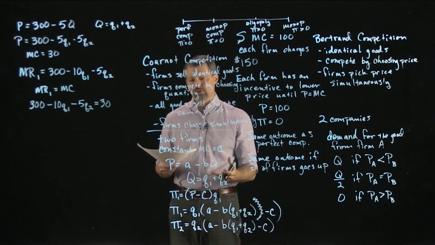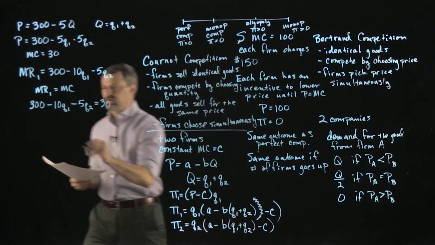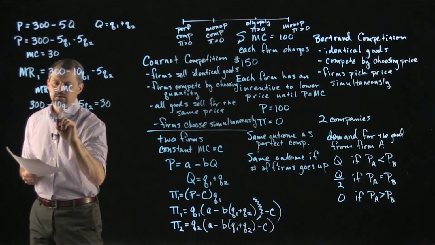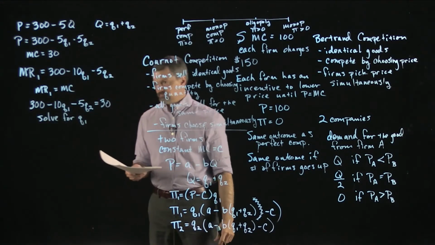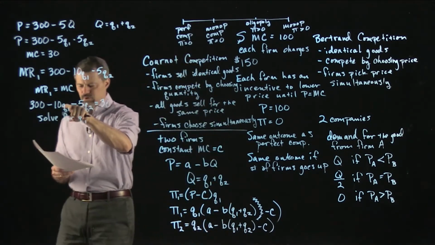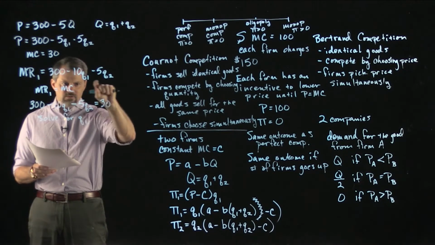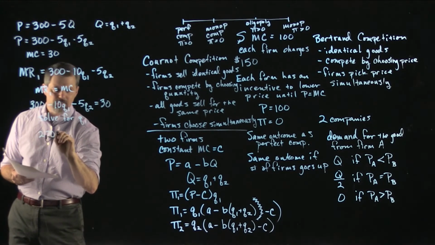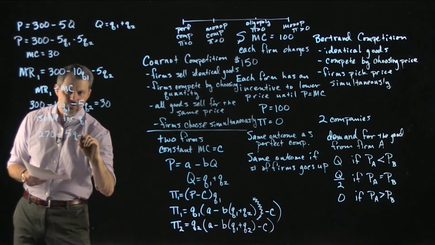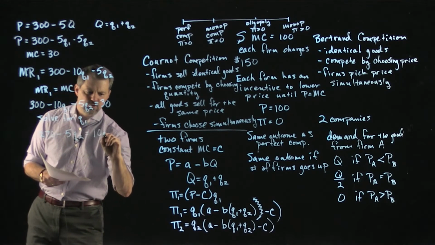We want to solve for the quantity that firm 1 is going to produce. If we do that, I'm going to move my Q1 to one side by itself. So this is going to be 270 minus 5Q2 is equal to 10Q1.